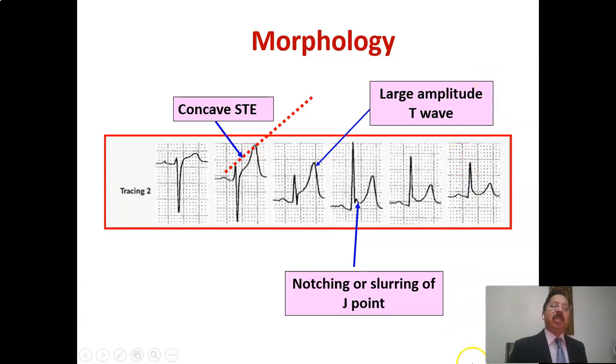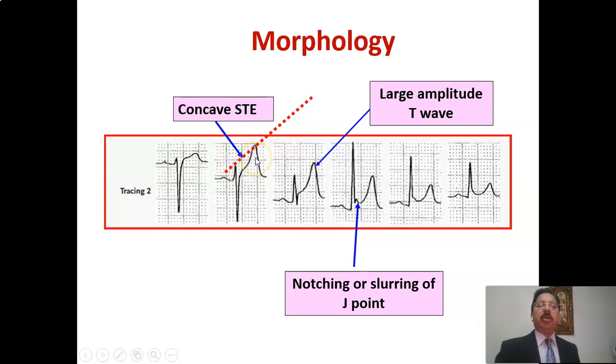Look at this ECG strip and focus on the ST segment. These are elevated, but the shape is concave upwards. So concave means if you draw a line from the P wave till the height of the R wave, you will get some area below this imaginary line in case of concave ST segment elevation.